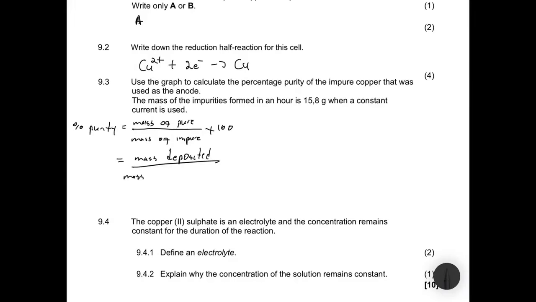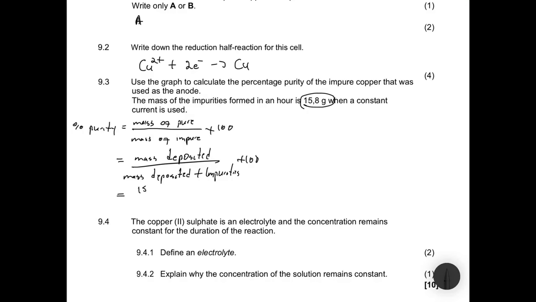So here we have mass deposited plus the mass of the impurities, multiplied by 100, because we have this chunk of an impure sample, and then some of that amount gets deposited at the cathode, so we know that that amount is pure. But then the mass of the impure sample as a whole will be the mass of the impurities plus the mass of the deposited.